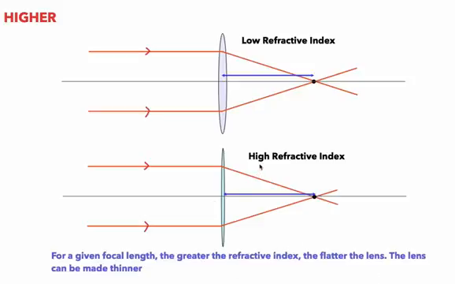Because this lens has a higher refractive index, it refracts the light more. We can keep the same focal length, but have a much thinner lens, and that is useful if you want to have glasses that are thinner, which means they're not so heavy and they probably look a bit better as well. So this is important for you to remember if you're doing the higher tier.